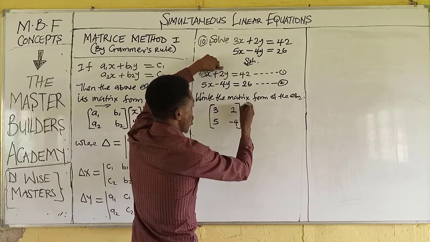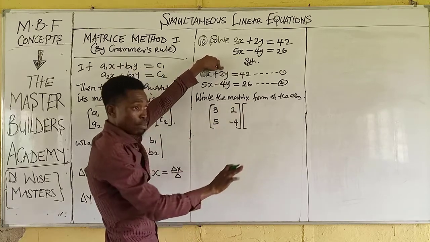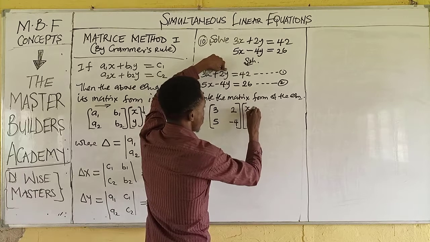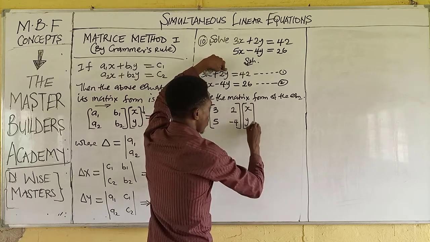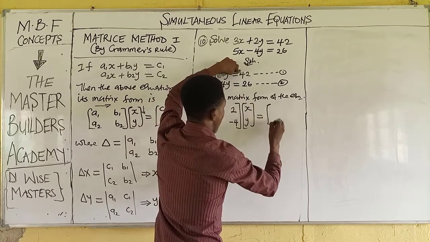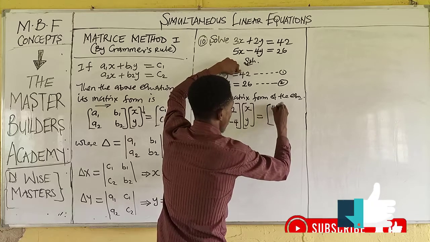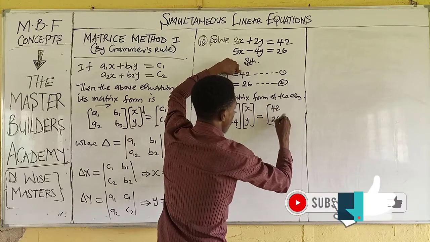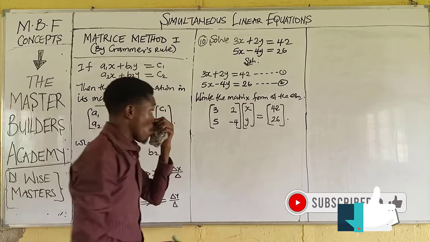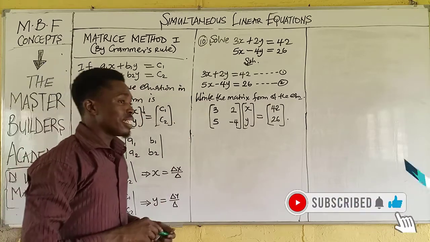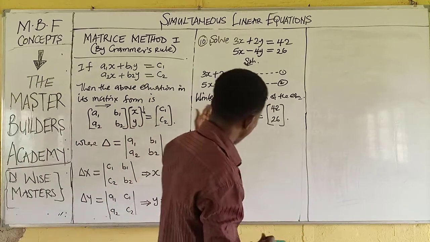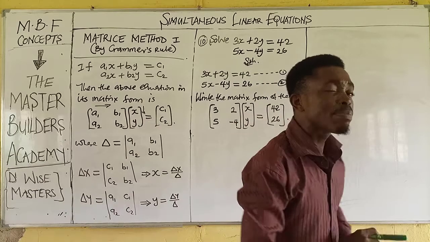We are done with this. Then open another column without plus or minus in between. Then put x followed by y is equal to, open a bracket, this matrix, and you have your 42 and 26. Now we have successfully represented this equation in its matrix form.